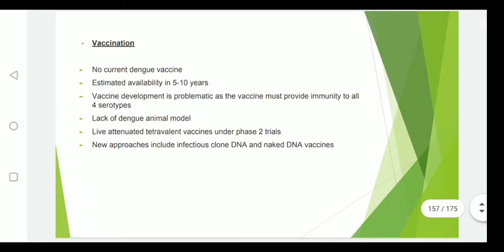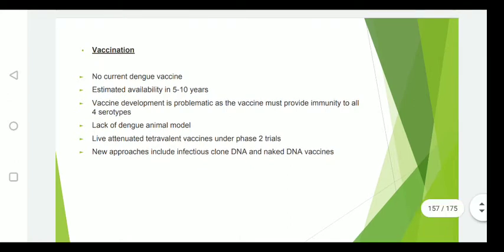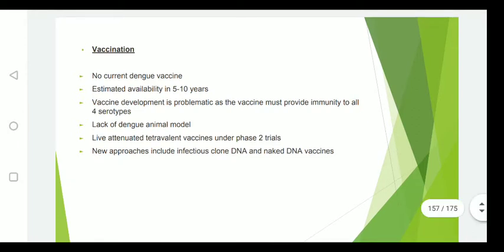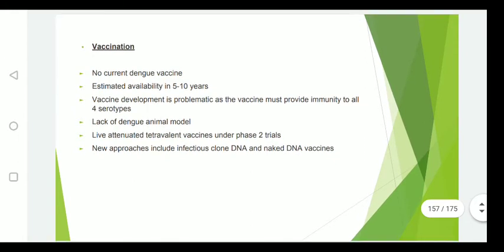Then about vaccination in case of dengue, currently there is none available, and it is estimated that within 5 to 10 years a dengue vaccination will come. The researchers say vaccine development is problematic, and this vaccination must provide immunity to all 4 serotypes, which is not possible at present.